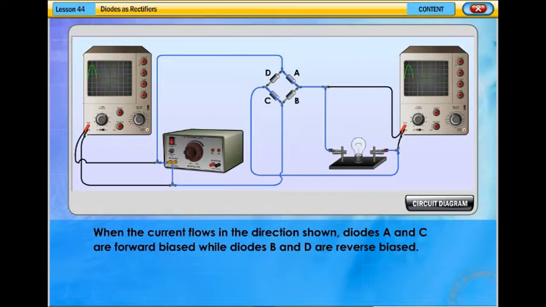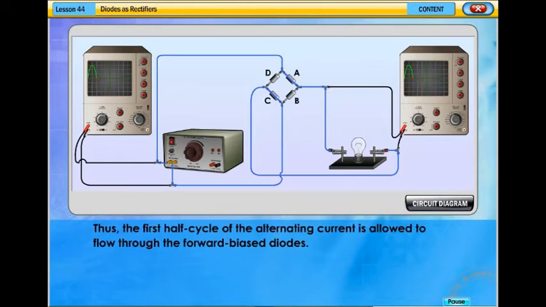When the current flows in the direction shown, diodes A and C are forward biased, while diodes B and D are reverse biased. Thus, the first half cycle of the alternating current is allowed to flow through the forward bias diodes.